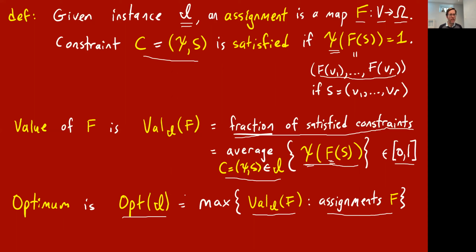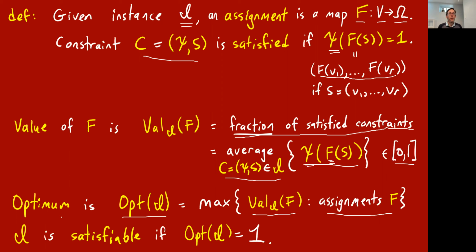And you can even think of things like 3SAT as a sort of optimization problem where you're given a 3 CNF instance. One thing you might think about is just whether or not there's an assignment that satisfies all the clauses. But more generally, you could try to find an assignment that satisfies as many clauses as possible. And we say that an instance is satisfiable if its optimum is 1, meaning there's an assignment satisfying 100% of the clauses or constraints.